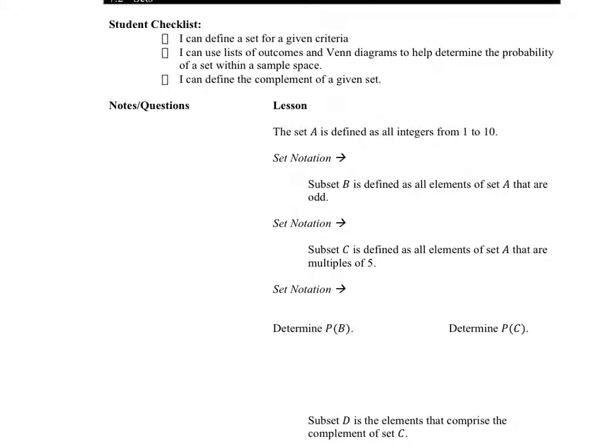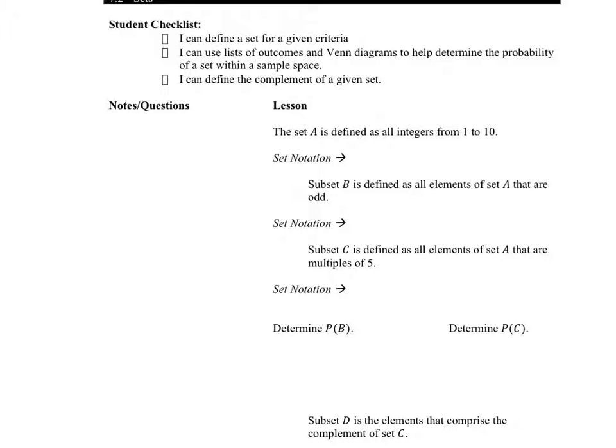So what we're going to do is organize the information that's stated here in words into a picture. So the set A is defined as all the integers from 1 to 10, okay? The set B is a subset of A, so that tells us that the pieces of B will also be in A. So what do we know about A?